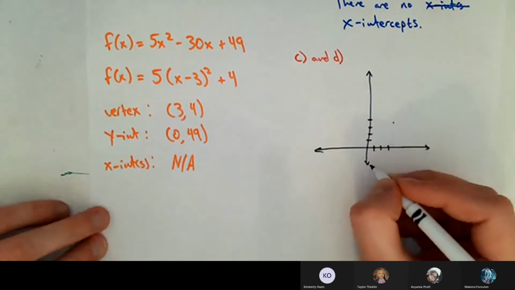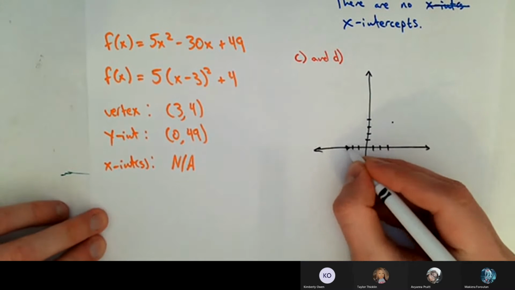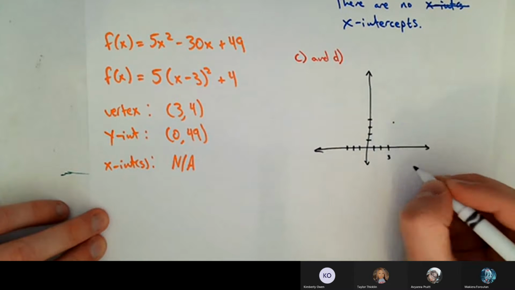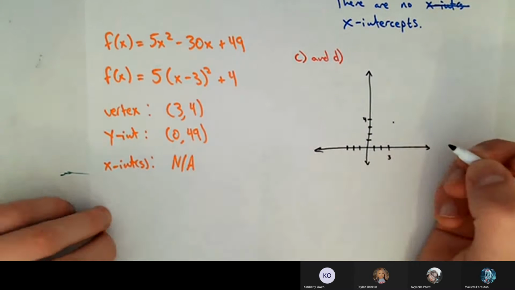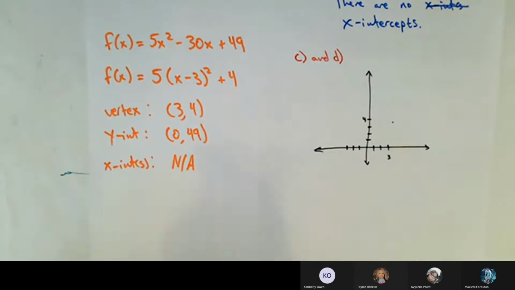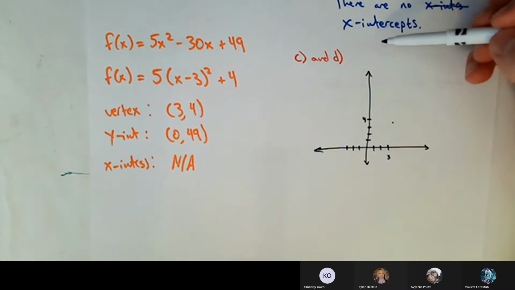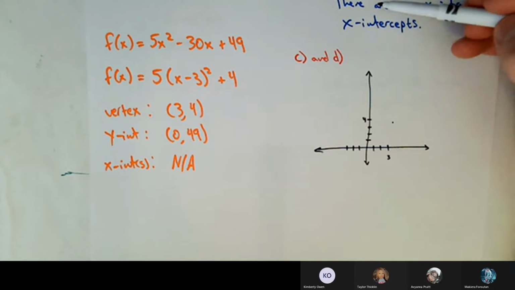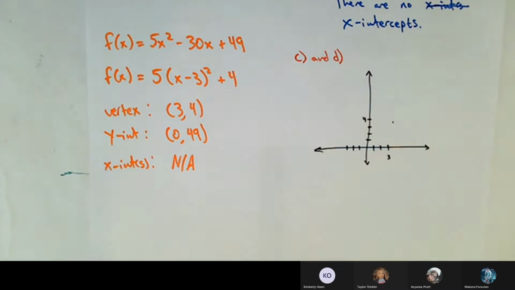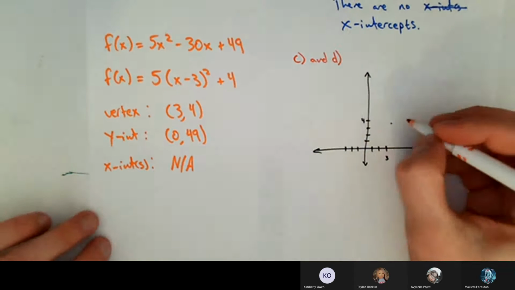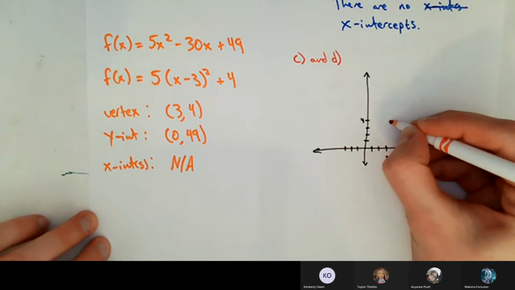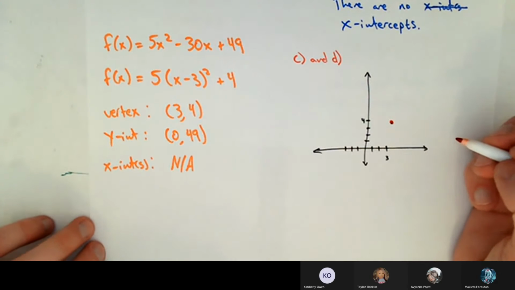So there's 3, and then here's 4 up here. I also know that its y-intercept is all the way up on the y-axis at 49. I'm not going to be able to graph that, right? 49 is way off the page. So what I'm going to do is graph its vertex, which is (3, 4). There's its vertex right there.